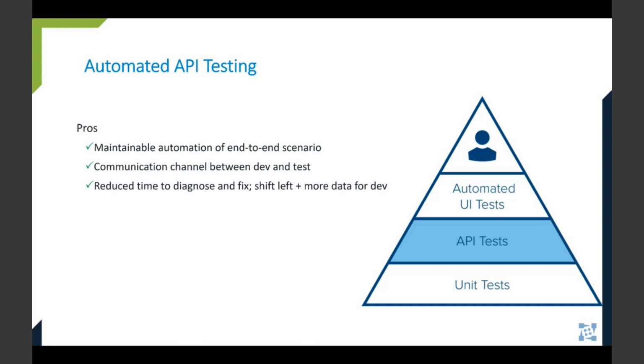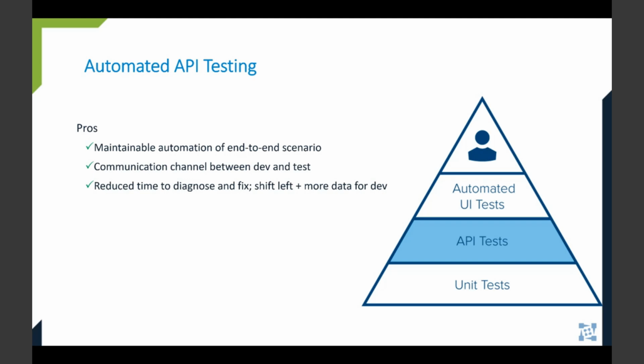The pros. With API testing, you have an end-to-end maintainable automated scenario that you can replicate over and over. And if you implement it into your CI process, you can begin smoke testing APIs upon code check-in.